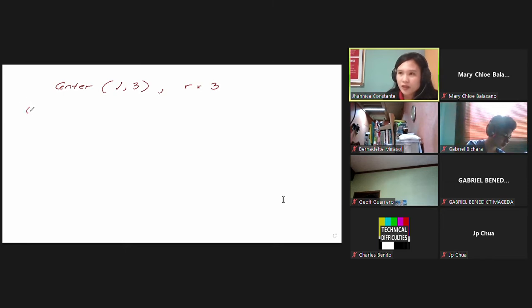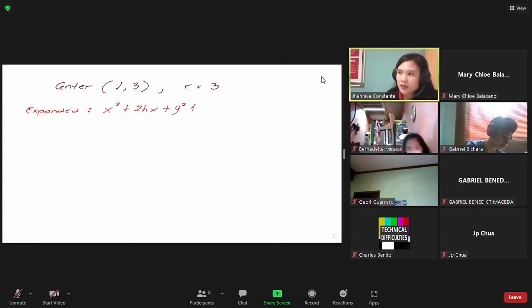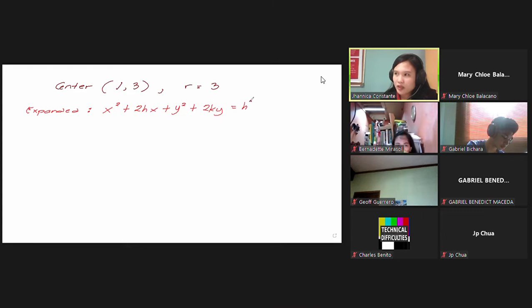The expanded form of the equation of a circle is in the form x squared plus 2hx plus y squared plus 2ky equals h squared plus k squared plus radius squared.